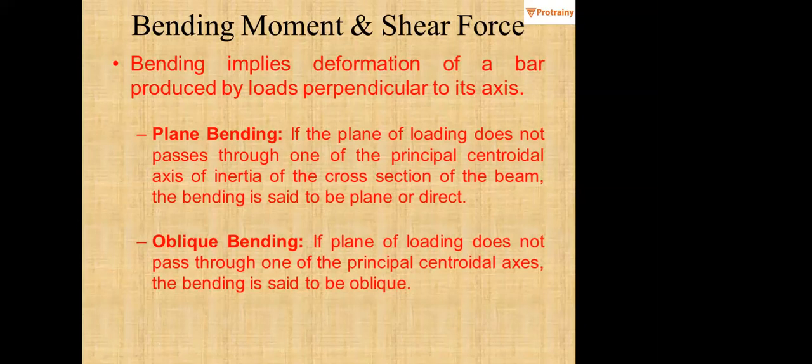But if the plane of bending is somewhat skewed, not coinciding with any major axis, X or Y, and it's at some angle, that now becomes oblique bending. Plane bending and oblique bending.